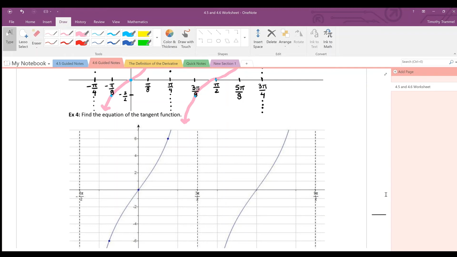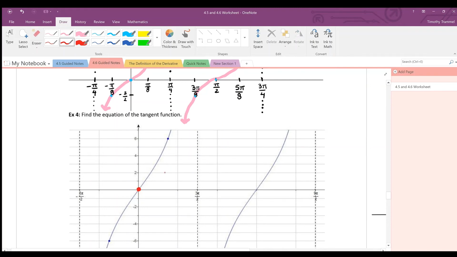And you might already see the word tangent in the directions, but you want to be able to recognize that, hey, tangent would be the better option here because I can see that we do not have a vertical asymptote on the x-axis, and I can see that I have asymptotes equidistant from the y-axis on both sides, over here and over here. Okay. This just reminds me a lot of tangent.